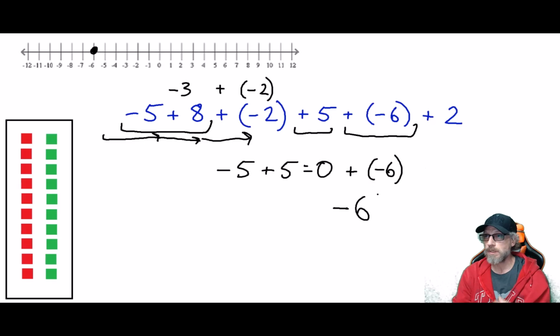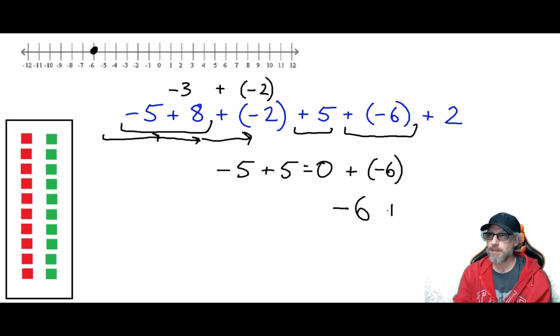Money example, we have nothing and now we bring in $6 that we owe. Okay, so I owe $6. I'm at negative 6. Visual aids, we're starting with 0, so no reds, no greens. And now we are adding in 6 reds. So we're going from nothing to owing $6 or having 6 negative units. So we are at negative 6.